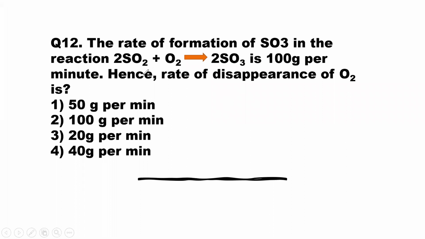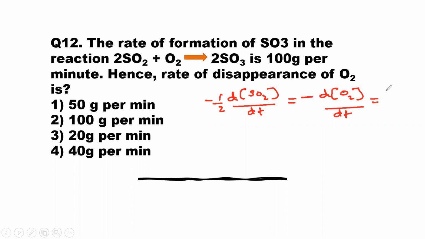Since oxygen and sulfur dioxide are gases, for this reaction we can write minus 1 by 2 d[SO2]/dt is equal to minus d[O2]/dt, which is also equal to plus 1 by 2 d[SO3]/dt. This is the rate equation.